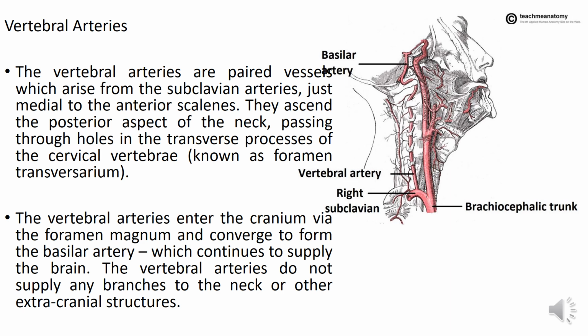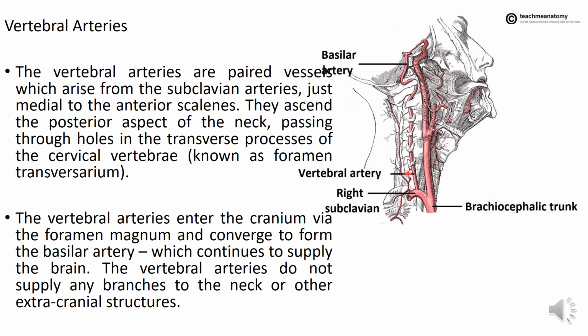Let us see about vertebral arteries. In the beginning, we have seen that the two major arteries supplying the head and neck are the carotid arteries and vertebral arteries. We have discussed in brief about carotid arteries. Let us see about vertebral arteries now.